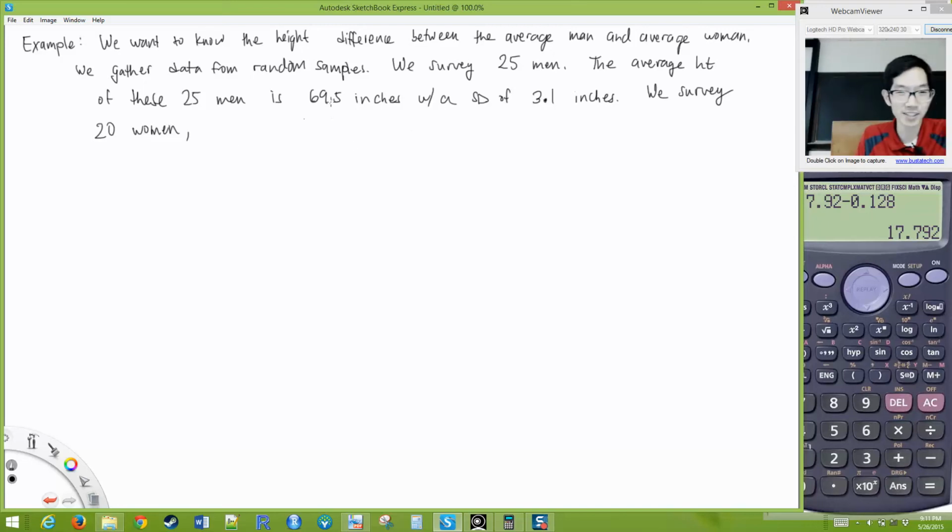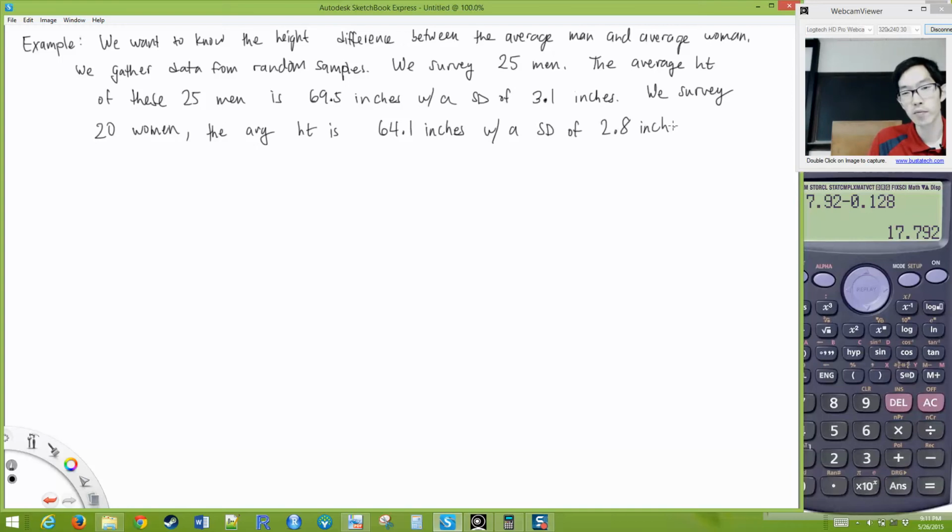We surveyed 20 women, again randomly selected, random samples. The average height is 64.1 inches with a standard deviation of 2.8 inches.